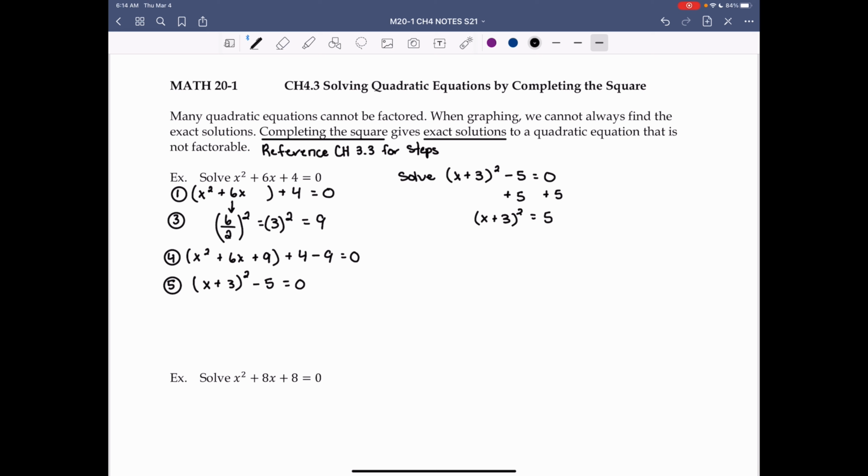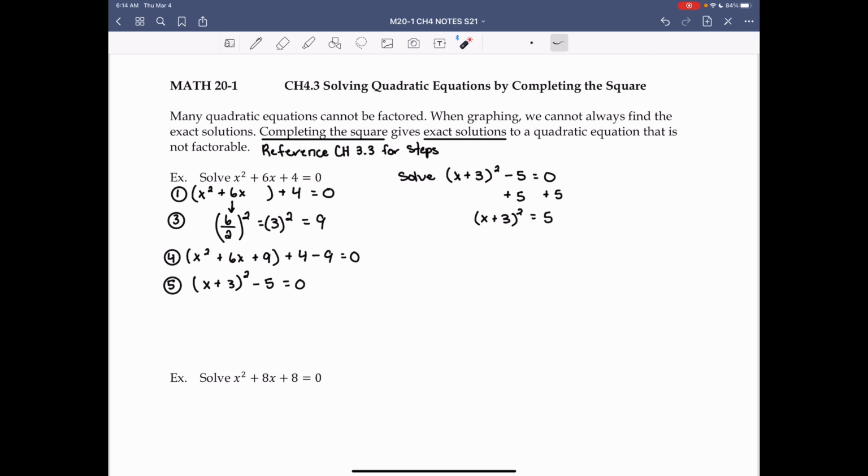Then we need to get rid of the square by doing the square root. But we don't know if these brackets were a positive number and then squared, or if they were a negative number and then squared. Because either way we would get a positive.